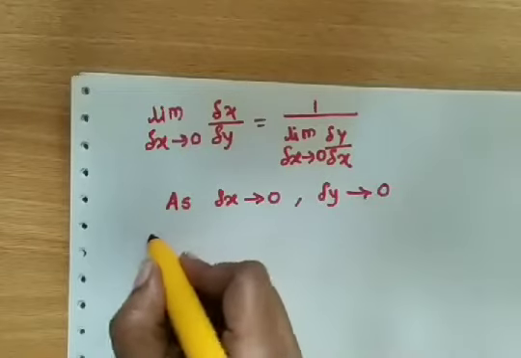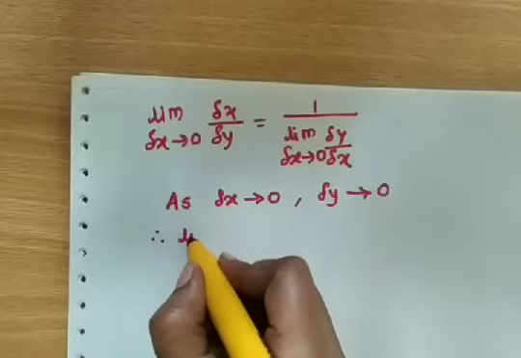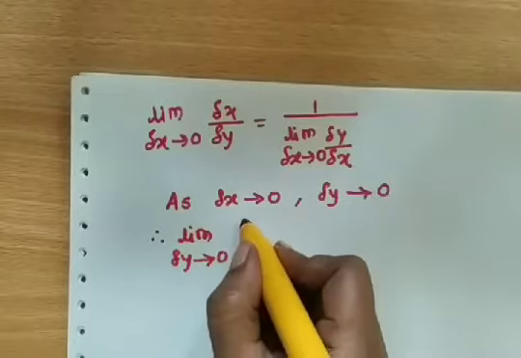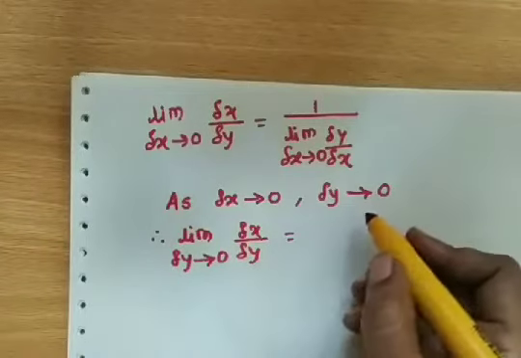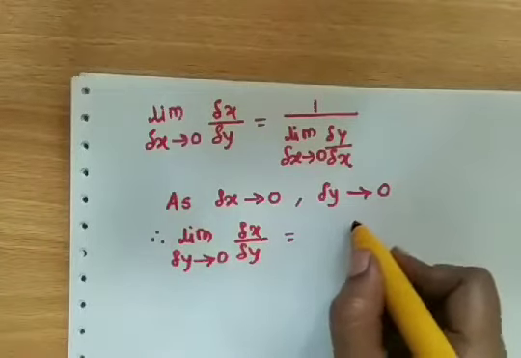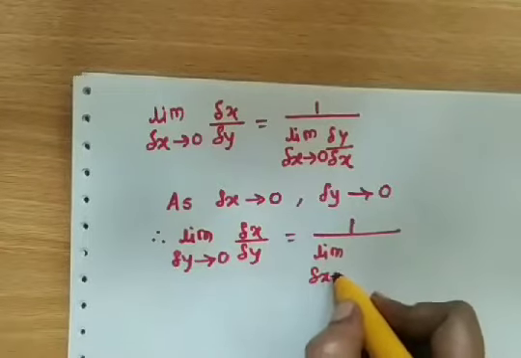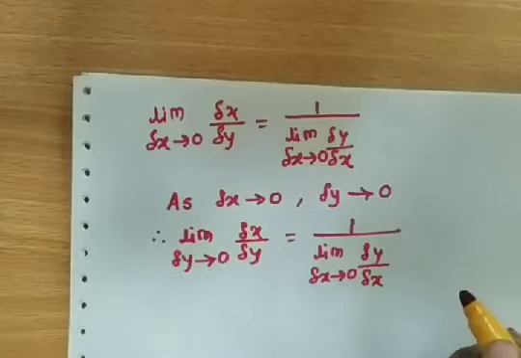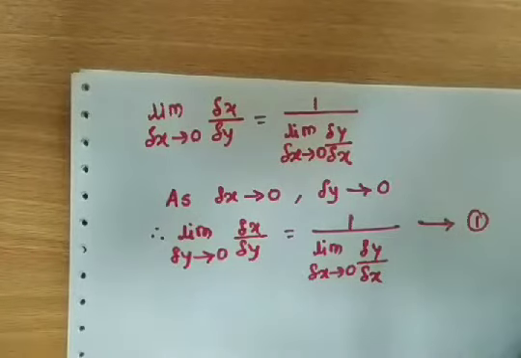Okay, therefore write it as limit delta y tending to 0 of delta x upon delta y is equal to 1 upon limit delta x tends to 0 of delta y by delta x. Okay, suppose this is equation 1.